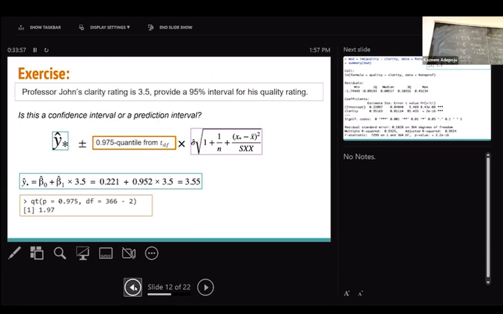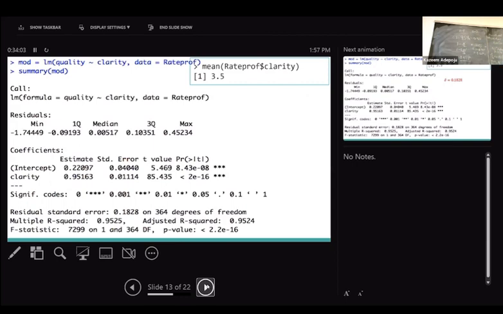What is the sigma cap? Let me show you. Please pay attention. The sigma cap is, see that? That's the sigma cap, the residual standard error. From the R output, the residual standard error is the sigma cap.